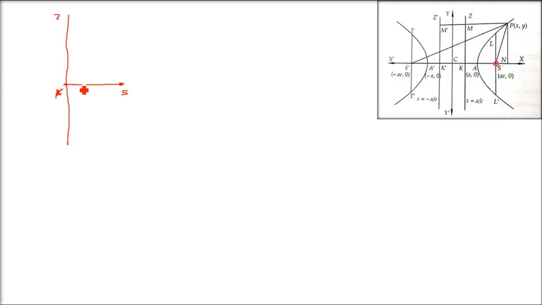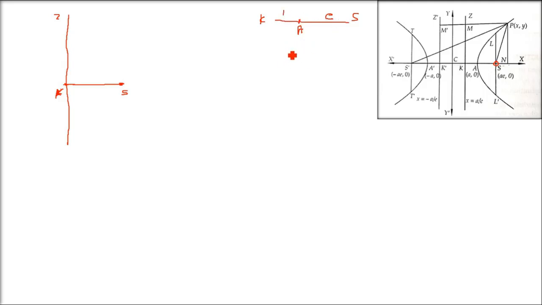S is our focus. Now this KS, we are going to divide it internally in a certain ratio, E is to 1. If I take any random line and want to divide it into, say, 2 is to 3, 1 is to 4, like this. So we have a point here which is A, such that SA by AK is E is to 1.